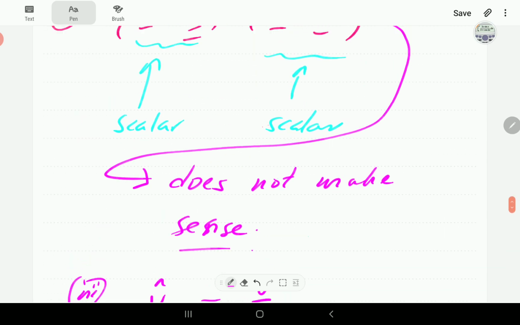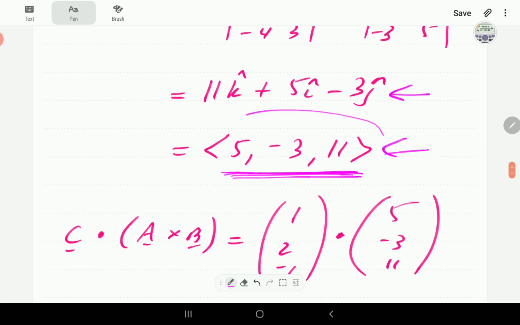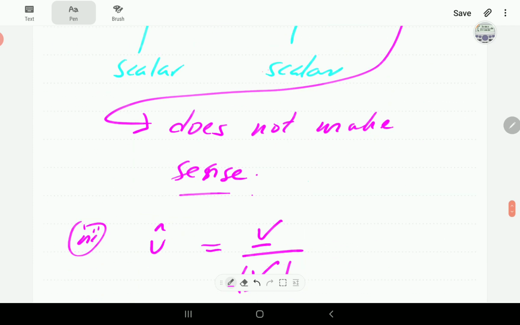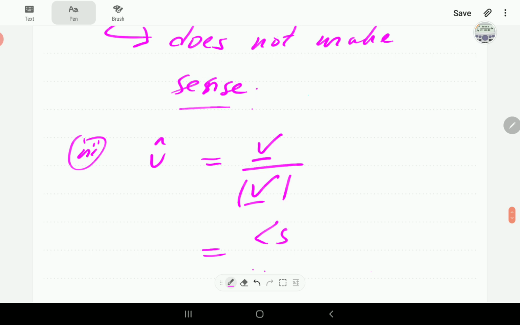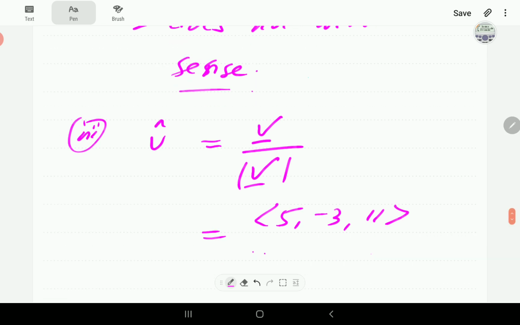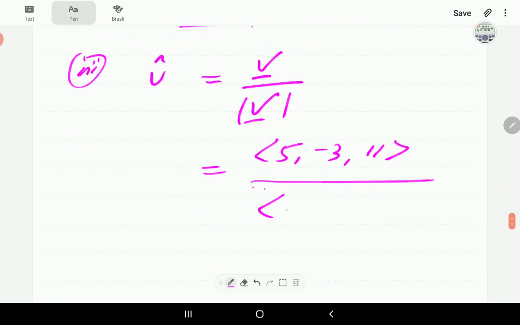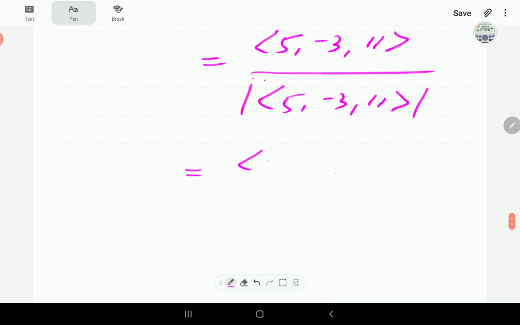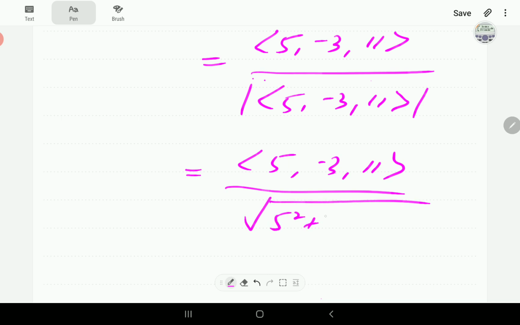So in this case, v is this vector here, 5, minus 3, 11. Then we're going to divide that by the magnitude of the same vector. So 5, minus 3, 11 divided by the square root of 5 squared, negative 3 squared, plus 11 squared.